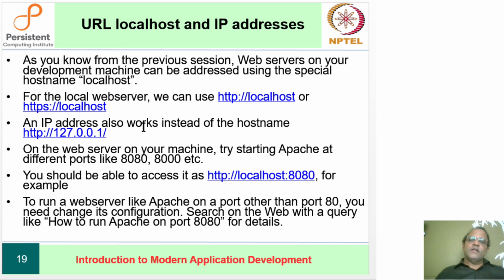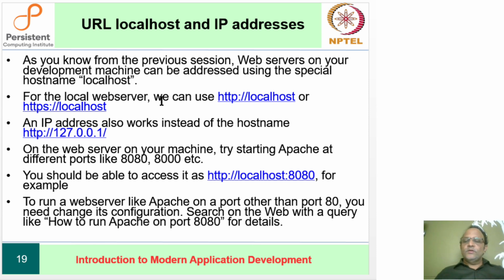http://localhost or https://localhost. Typically nowadays, web servers like Apache will be configured to present both HTTP and HTTPS endpoints. An IP address will also work instead of the host name. For example, for the localhost, you can use 127.0.0.1.